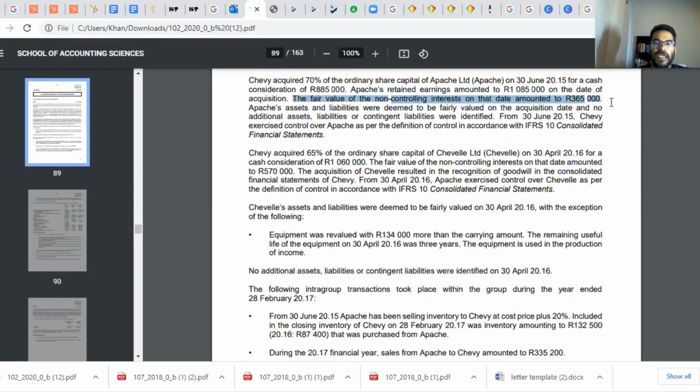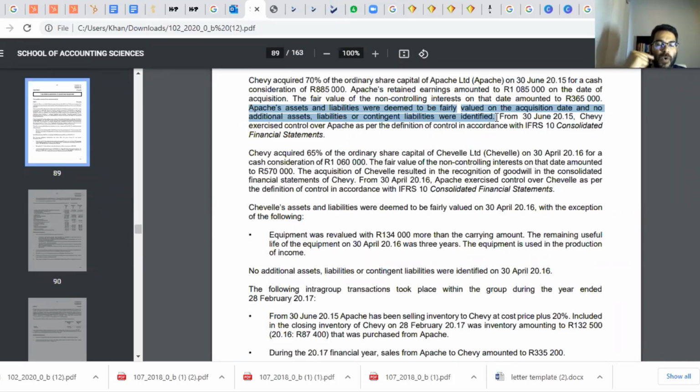Then I want to talk about this part over here. APAC's assets and liabilities were deemed to be fairly valued on the acquisition date, and no additional assets, liabilities, and contingent liabilities were identified. As we discussed yesterday, one of the four things of applying the acquisition method in terms of IFRS 3 is that we have to recognize and measure assets and liabilities at fair value.